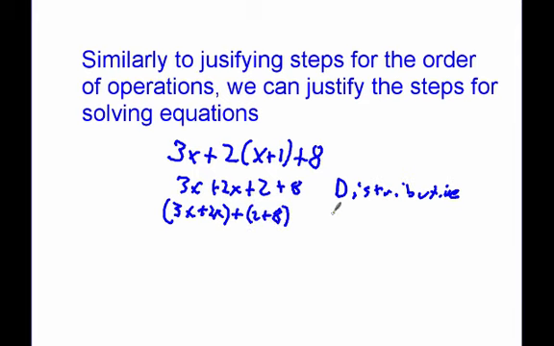And I changed my grouping, so that's the associative property. 3x plus 2x is 5x. 2 plus 8 is 10. We combined our like terms, and if we remember, combining like terms is substitution.